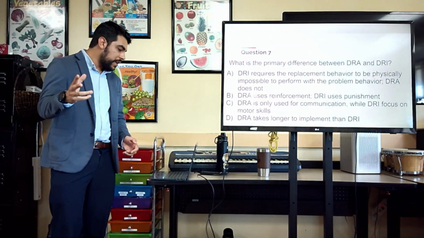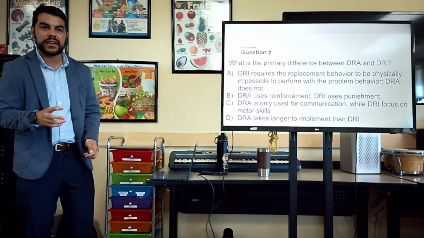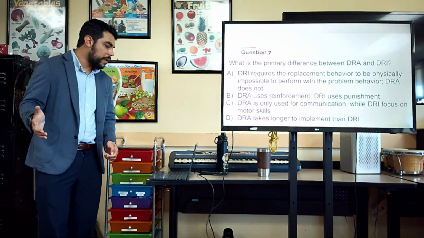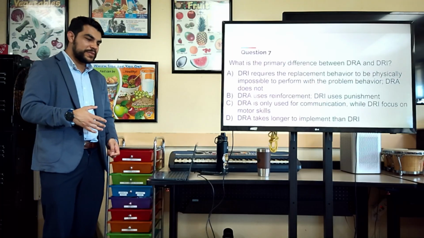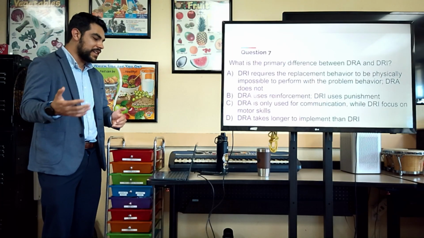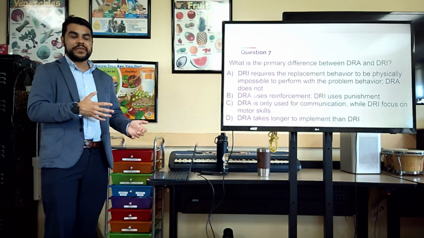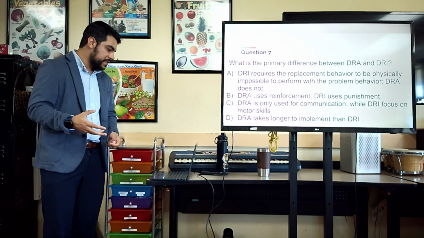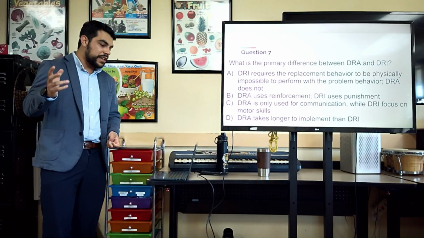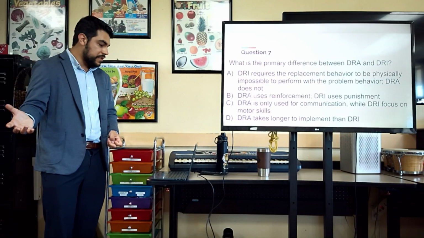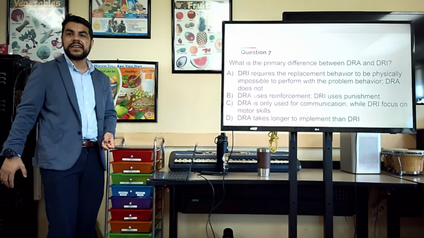On that note, what is the difference between DRA and DRI? Is it that DRA requires a replacement behavior to be physically possible to perform with the problem behavior, or DRI does not? DRA uses reinforcement, whereas DRI uses punishment. DRA is for communication, DRI is focused on motor skills, or DRA takes longer to implement than DRI.